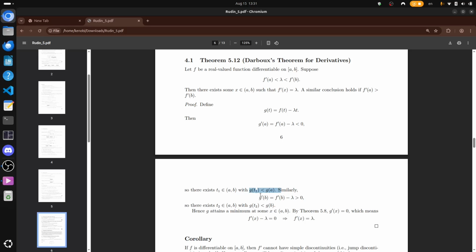if you take g of t1 minus g of a over t1 minus a, it's going to give you the derivative at some point between a and t1. And we know that derivative is going to be less than 0 because we showed that f prime of a is less than 0.